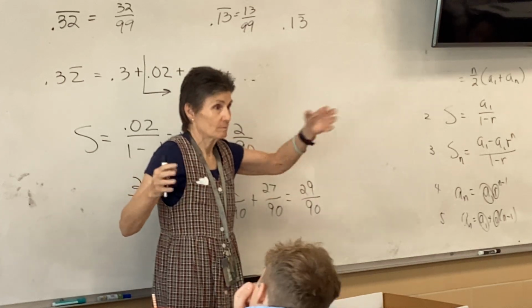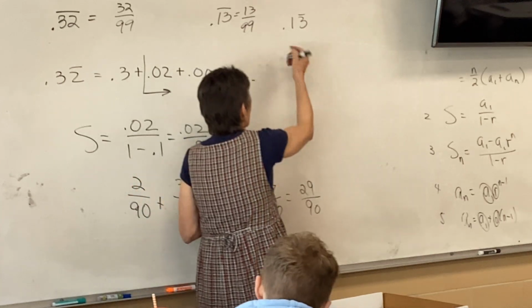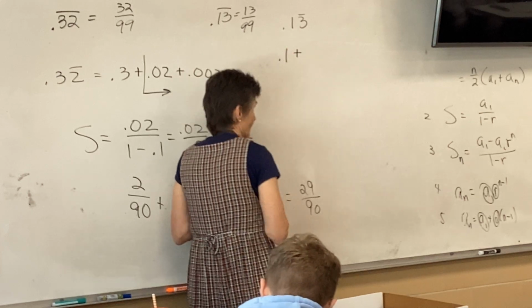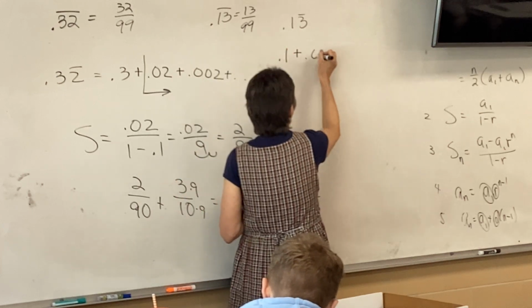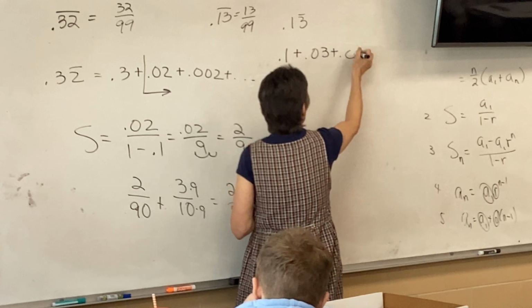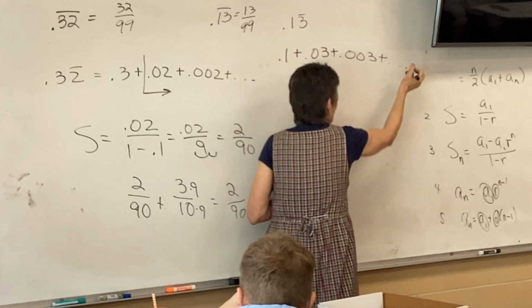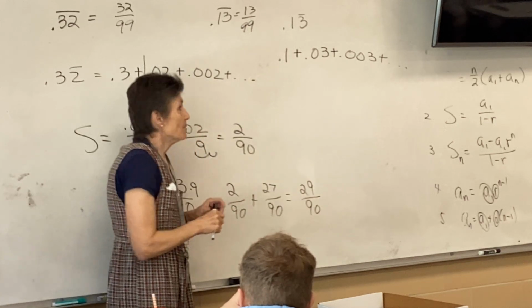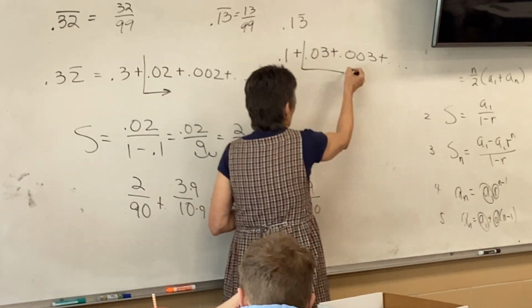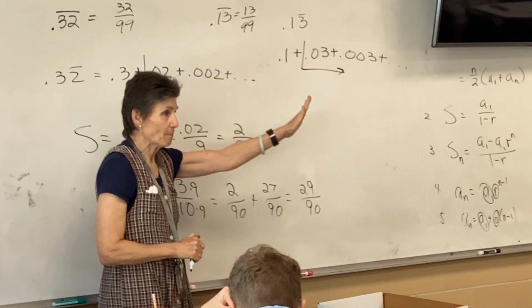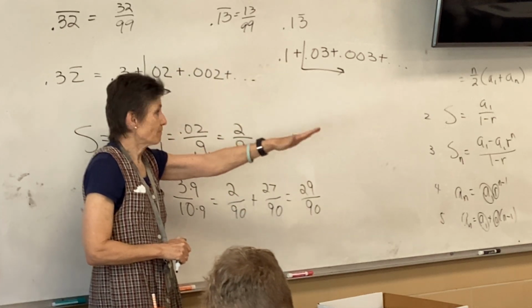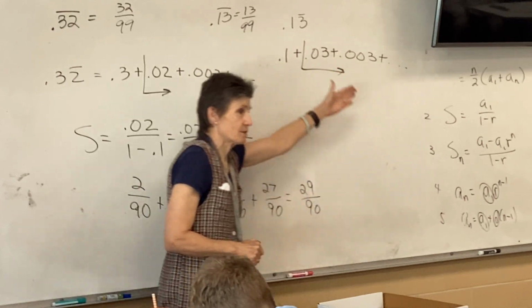We write it out, right? We break it out. So this is gonna be 0.1 plus 0.03 plus 0.003, and write out as many as you want, it doesn't matter. Then we will use a formula and add up that part of it. What formula do we use?